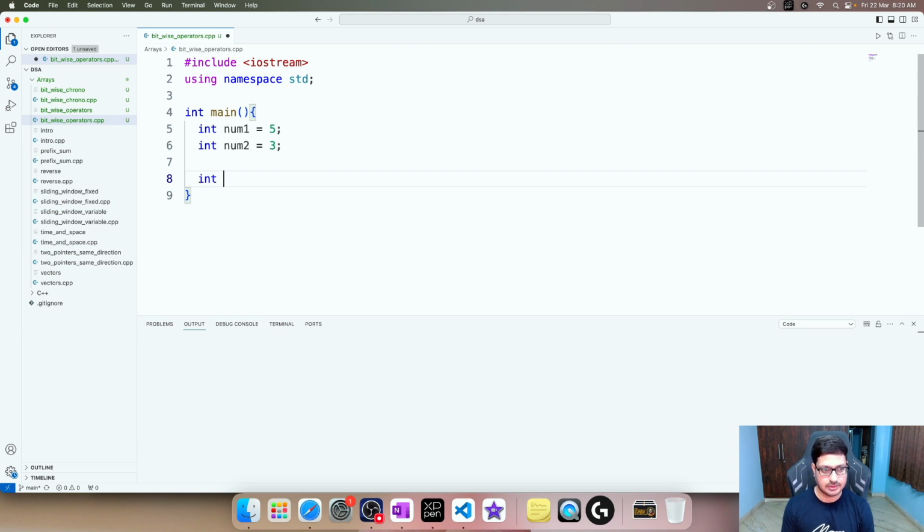Let's calculate the result. Actually, we don't need a result variable. Let's do a cout directly. Let's do 5 and 3. And this will be calculated like this.